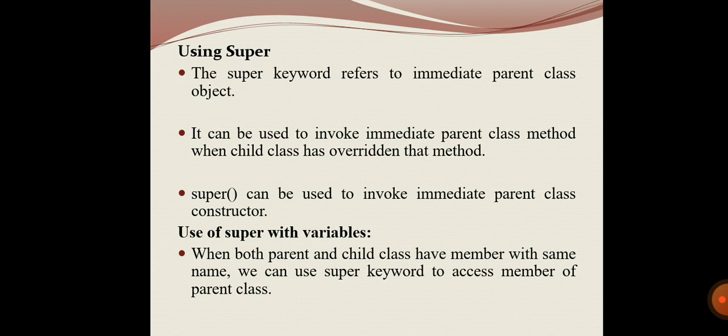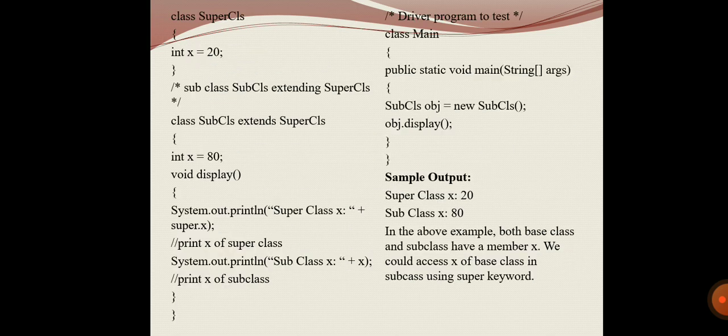Use of super with variables: when both the parent and the child class have the same name, we can use the super keyword to access the member of the parent class. For this we will see an example. First we have the class superclass, and integer x is assigned the value 20.